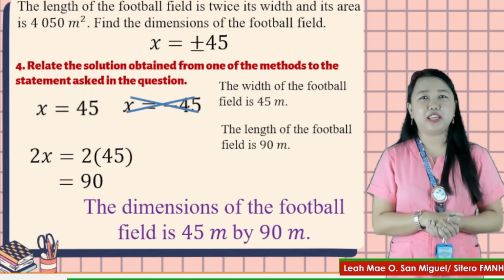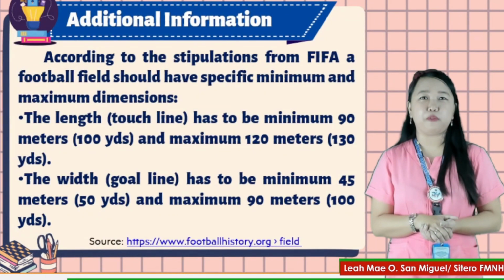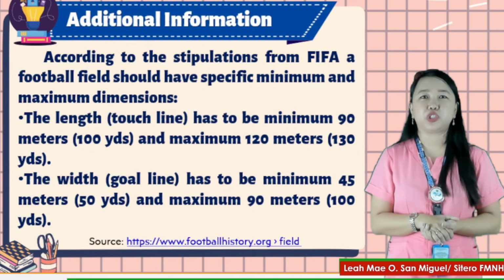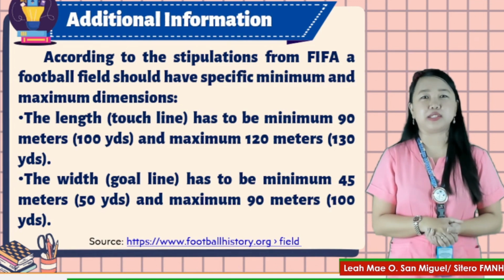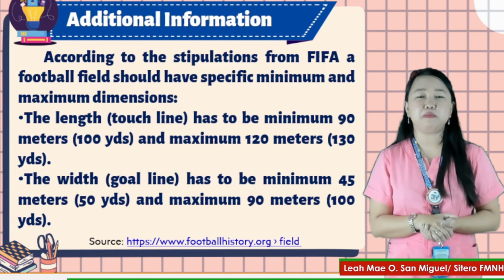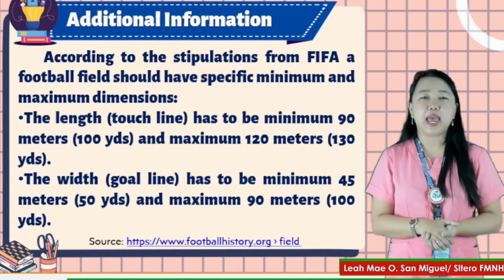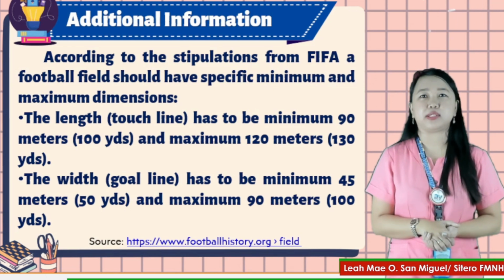For additional information, according to the stipulations from FIFA, a football field should have specific minimum and maximum dimensions. The length for the touchline has to be minimum 90 meters or 100 yards and maximum 120 meters or 130 yards.